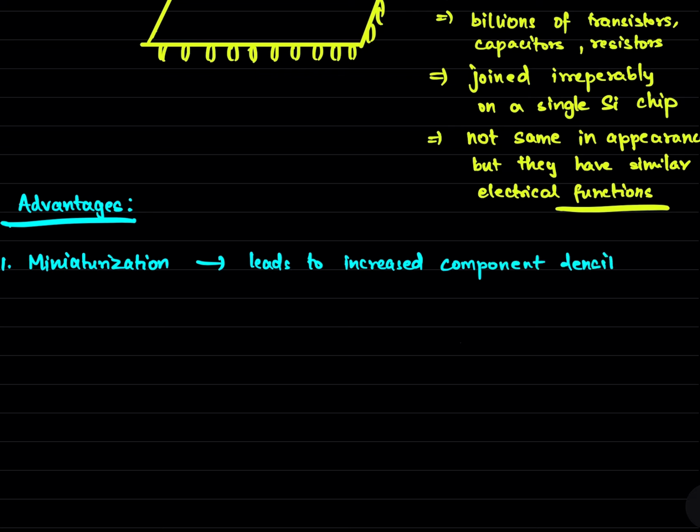So now what is this increased component density? We reduce the size of the transistors, resistors and capacitor components used. We reduce the size of the components used in IC by certain processes such as photolithography, advanced lithography, FinFET technology, and so on.